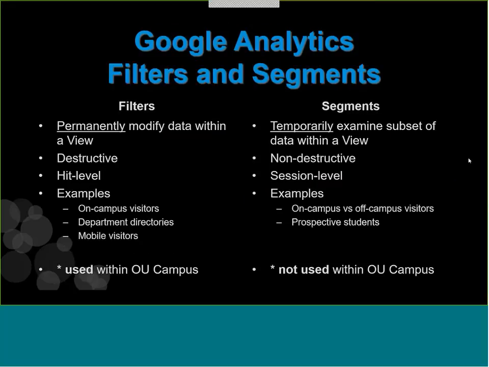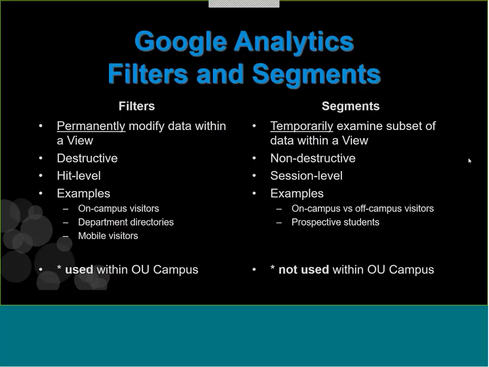Next, there are two concepts in Google Analytics called filters and segments. These are both ways of narrowing down the data to view a more specific set. The main difference is that filters are permanent, and segments are not.